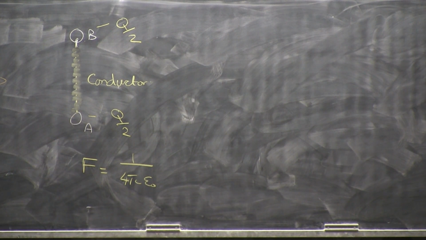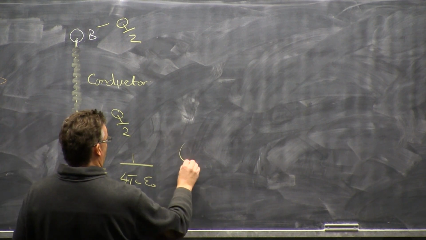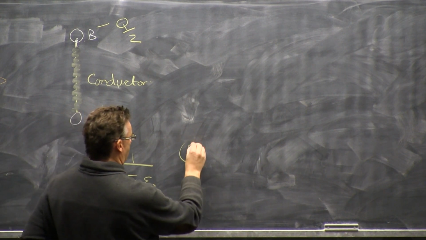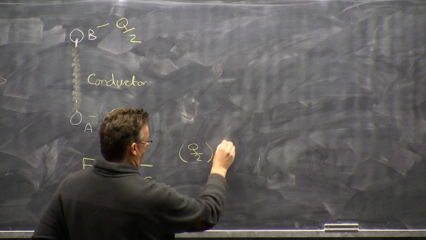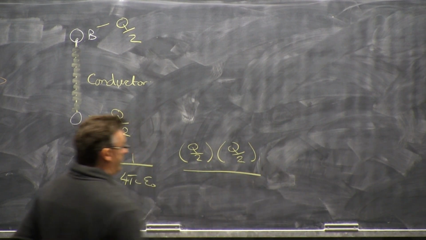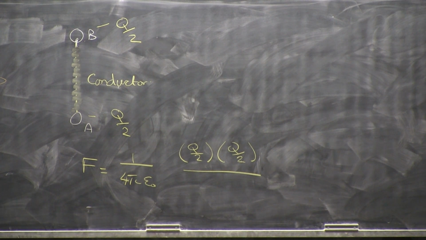That bit's all constants. The charge on A is capital Q over 2. Charge on B is Q over 2. The separation, well, I guess we're given it over here. We haven't moved the points, so again, it's still a, so that becomes a squared.